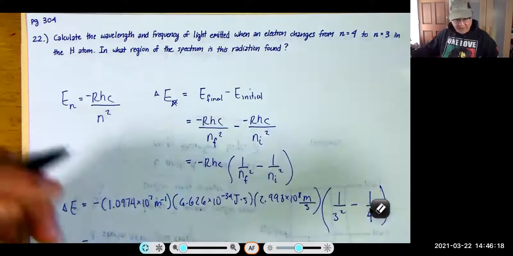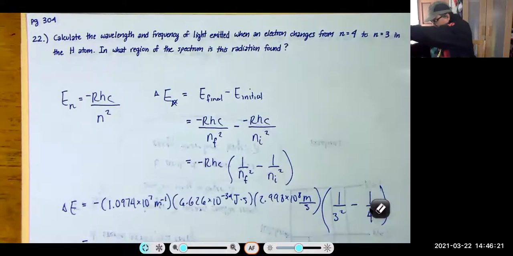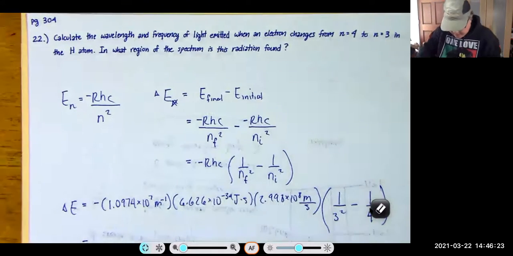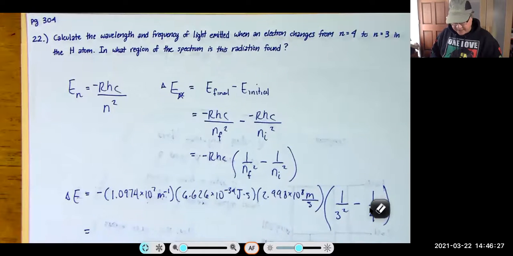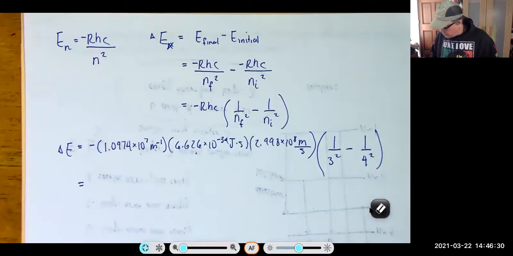So let me find my calculator. We use this value again and again, so let's calculate that one first. Turn this on, clear it, 1.0974 EE 7 times 6.626 EE negative 34, and then times 2.998 EE 8.